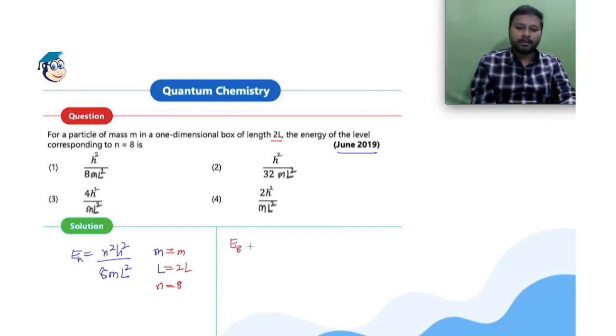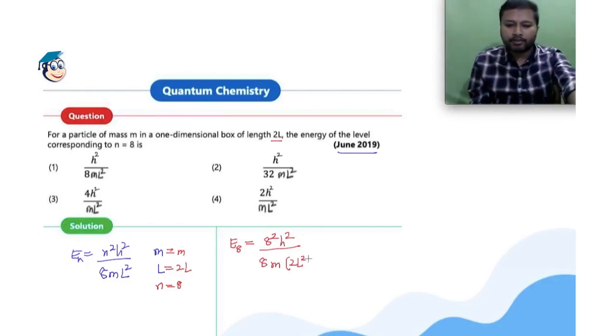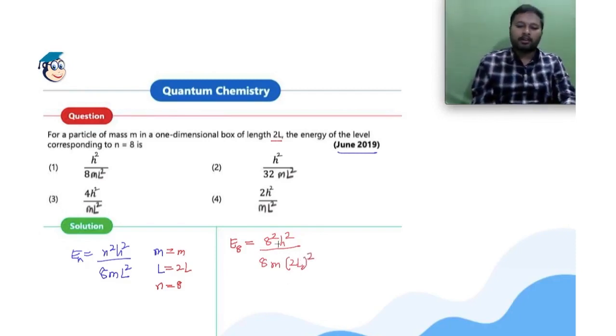We'll get E8, because it's for the 8th energy level: 8 square h square divided by 8m into 2L whole square. Now you just solve it mathematically. You get 8 square h square divided by 8m into 4L square, because the square of 2 is 4 and L square is L square.